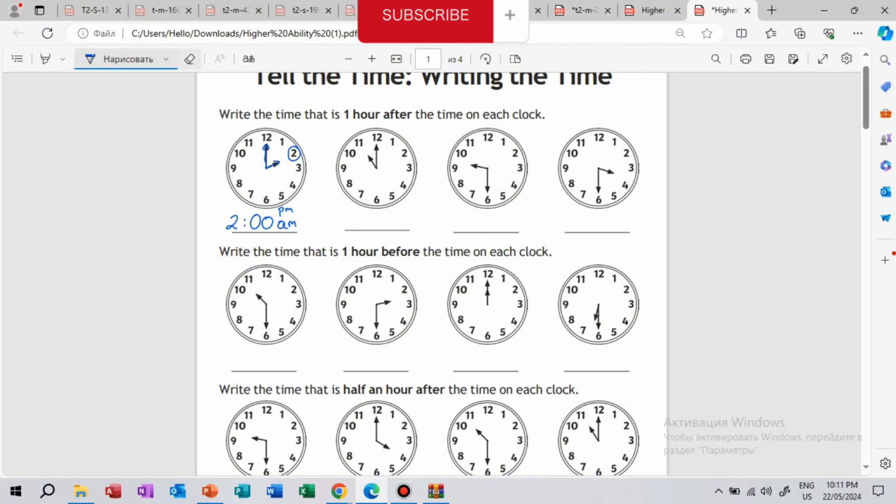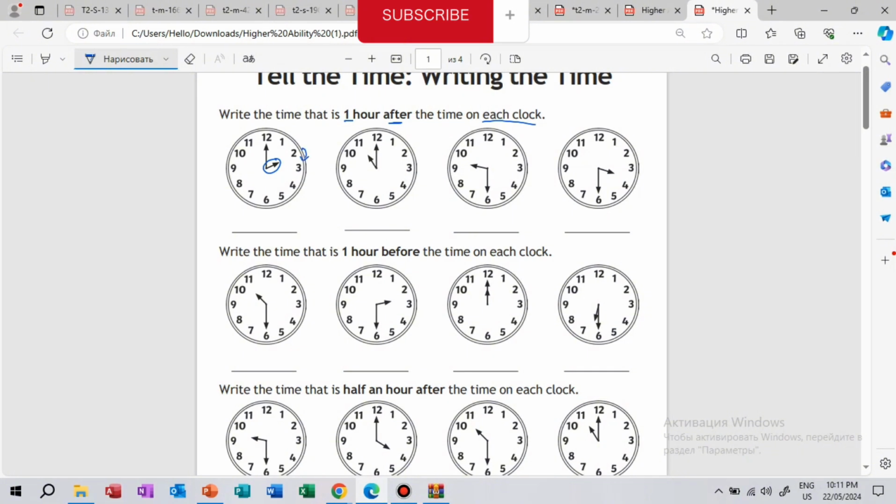Okay? Now it says, write the time an hour after the time on each clock. So we know that on the first clock is 2 p.m. Now, what will be the time after 1 hour? So if it's 1 hour, we have to move this 1 step.